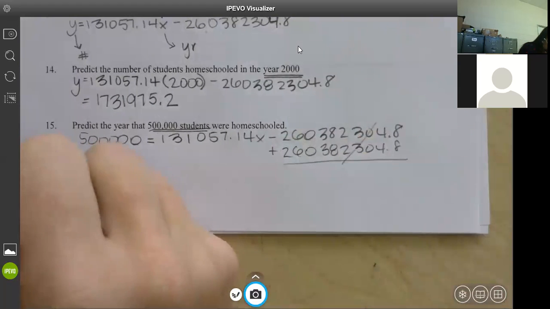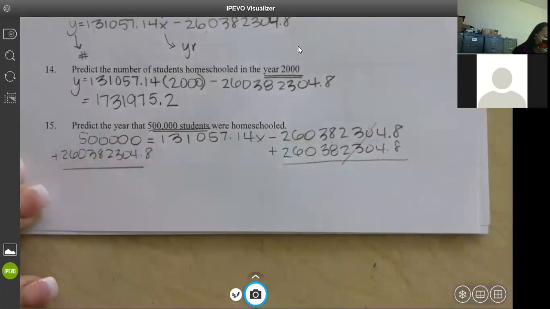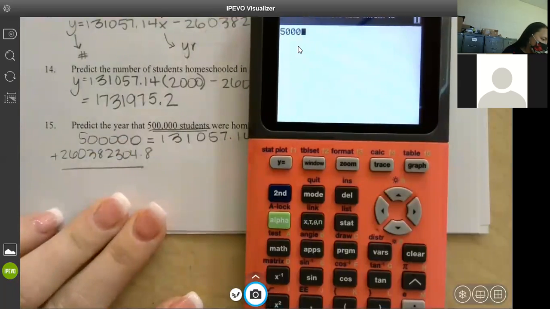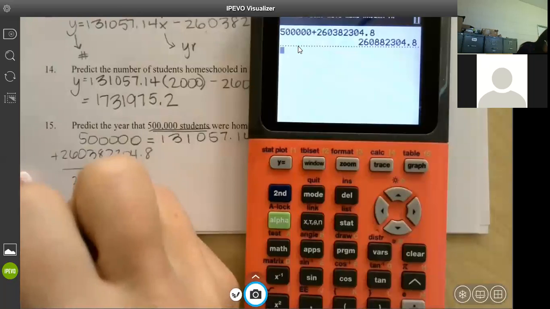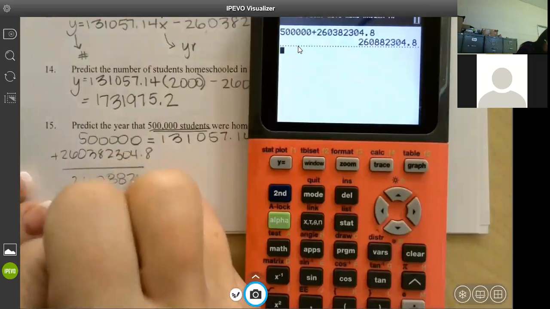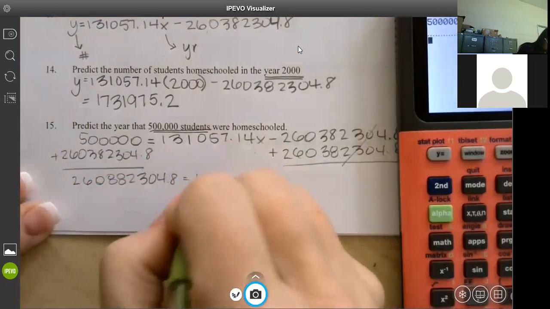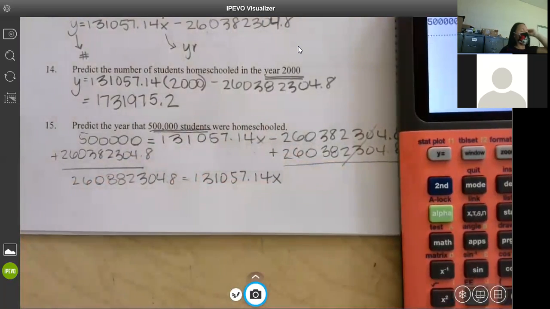We're going to add it to this side. $500,000 plus 260382304.8 gives you 260882304.8 equal to 131,057.14x. Again, don't stress out. It's the same work. You're using your calculator.